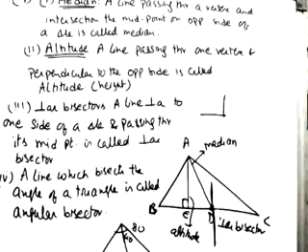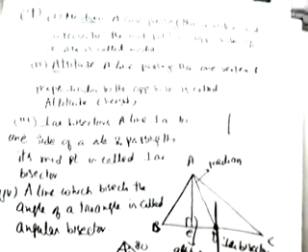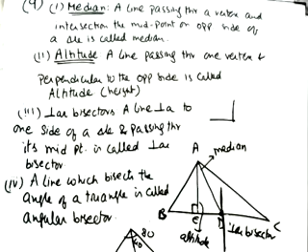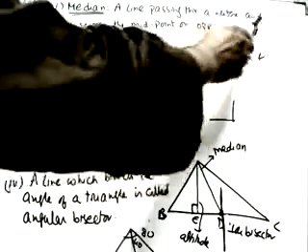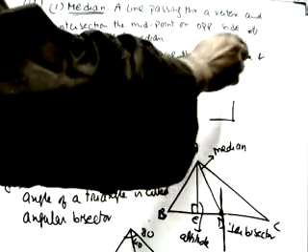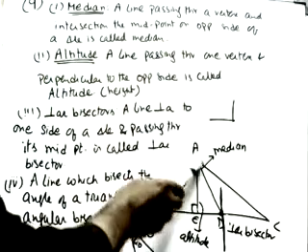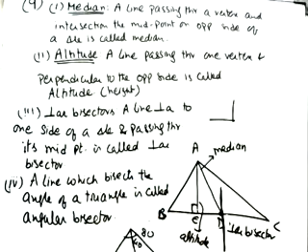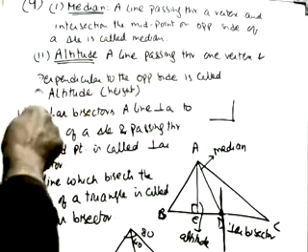What is a median? A line passing through a vertex of a triangle and intersecting the midpoint of the opposite side is called a median. Now what is an altitude?